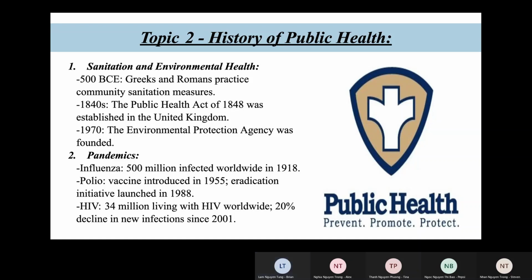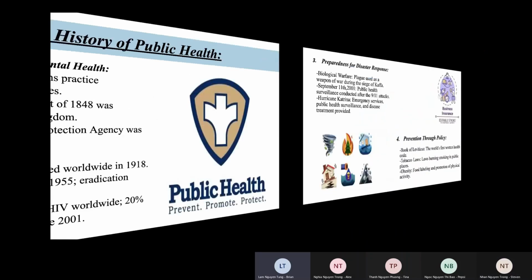Now we move on to the third area, the public health role in preparedness and disaster response. We have the example of the use of biological warfare to infect people and animals.